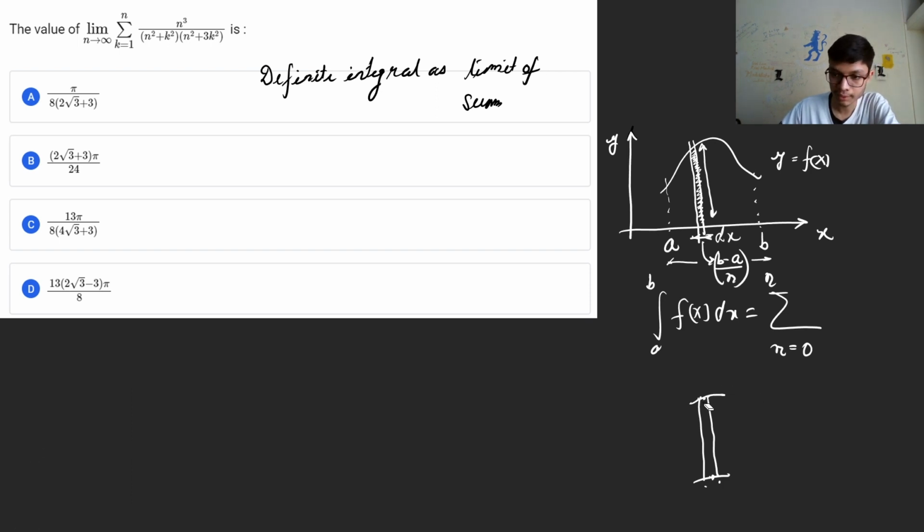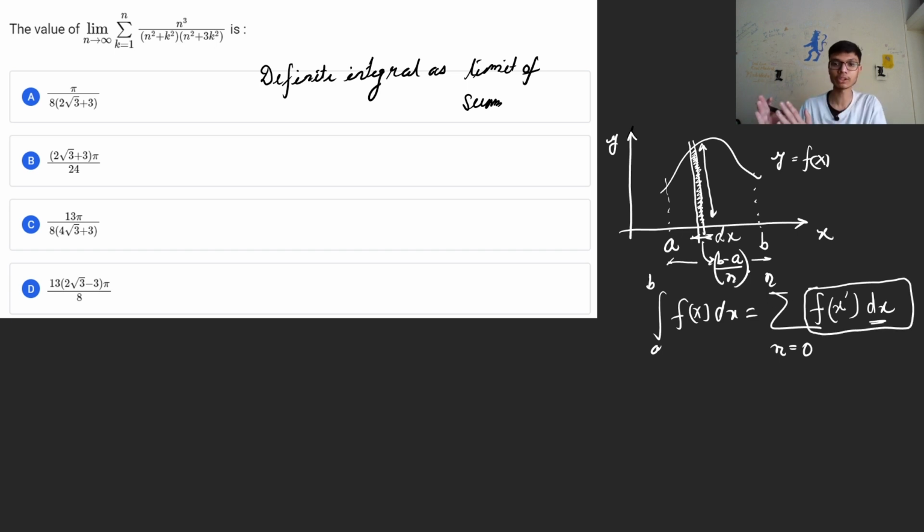You can now write the definite integral as a summation of f of x dash into dx, the small element. This is the area of the rectangular strip, and if I sum up all the areas of the rectangular strips, I get the area under the curve with some bit of error. Finding that error is an important challenge in numerical integration.